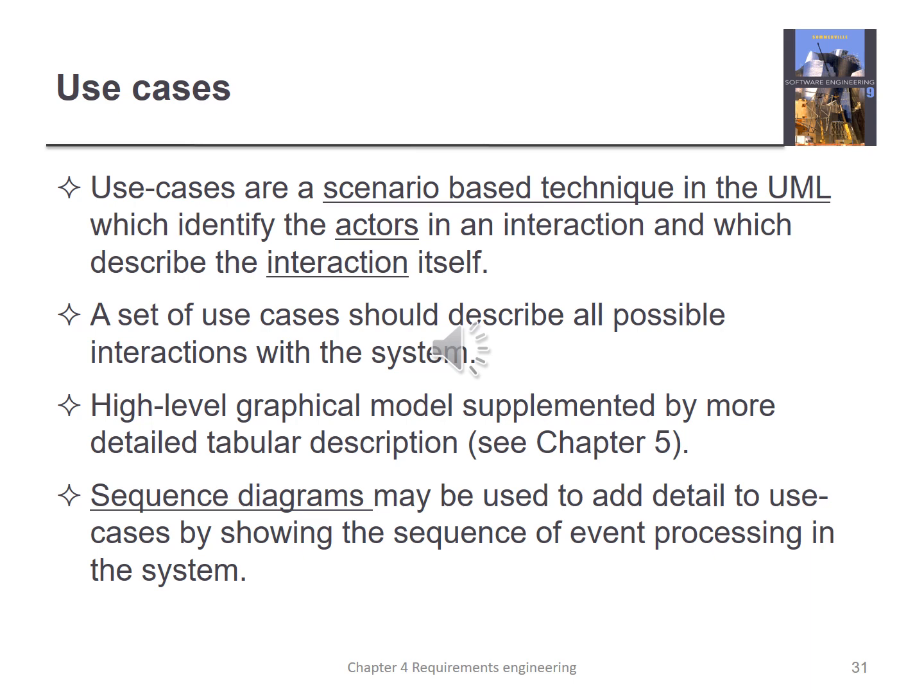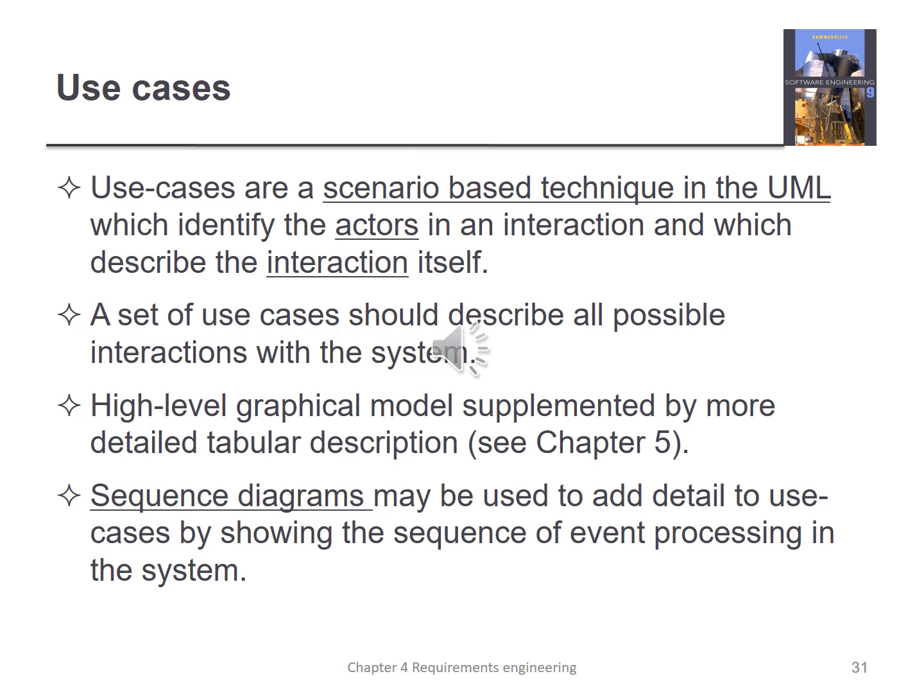Use cases are a scenario-based technique in the UML, which identify the actors in any interaction and describe the interaction itself. So we define the actor and then the interaction itself. A set of use cases should describe all possible interactions with the system.